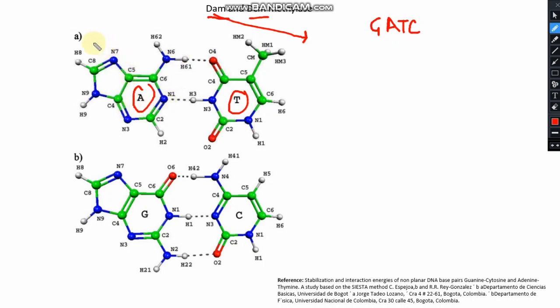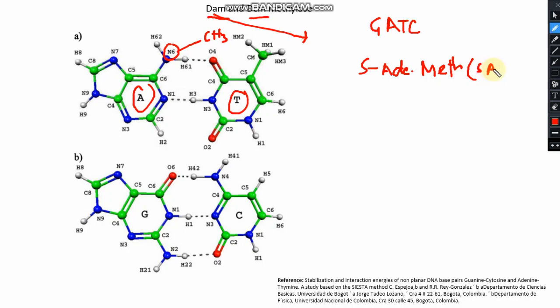Here you see this is the purine, and in the adenine there is 1, 2, 3, 4, 5, 6, and here it attaches with the N. So here is the N6 position, and here the Dam methylase attaches the CH3 group, and the CH3 group is transferred from the S-adenosyl methionine, in short known as SAM.